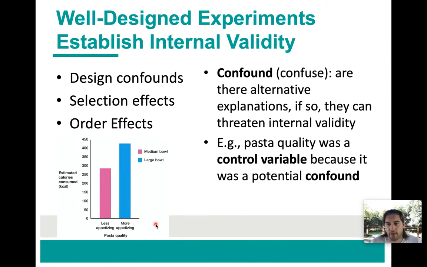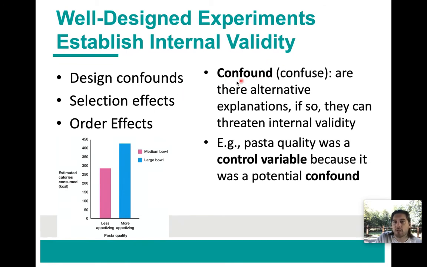When we're talking about these control variables, we need to discuss some examples of why they're important, right? Some types of things that can happen if we don't have good control. And what can happen if you don't have good control is a confound.